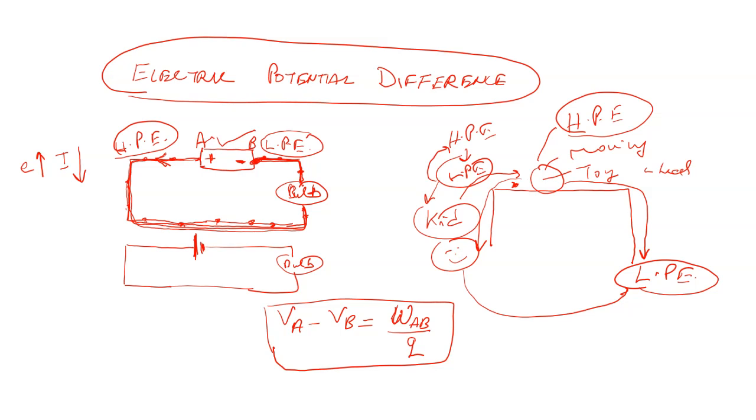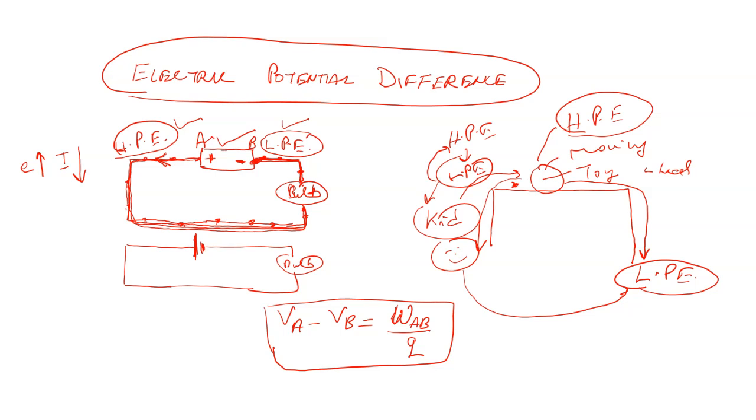Here it is moving a charge from point A to point B. So basically charge is moving from high potential energy to low potential energy.